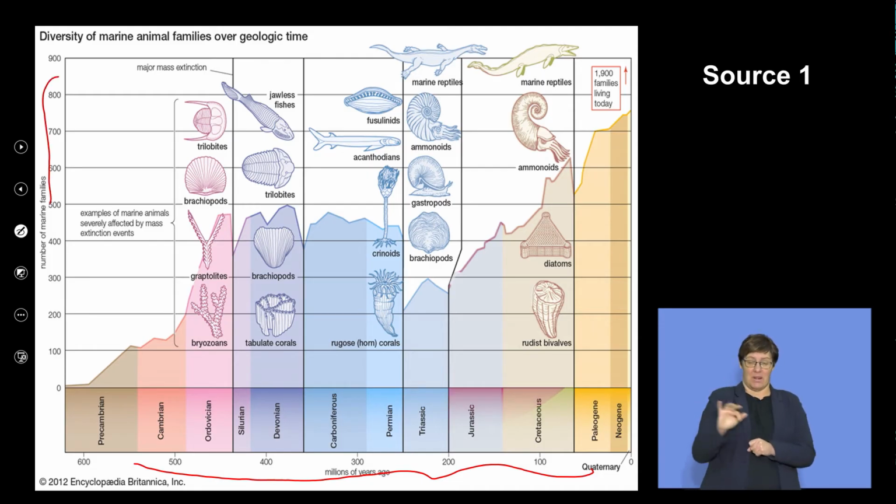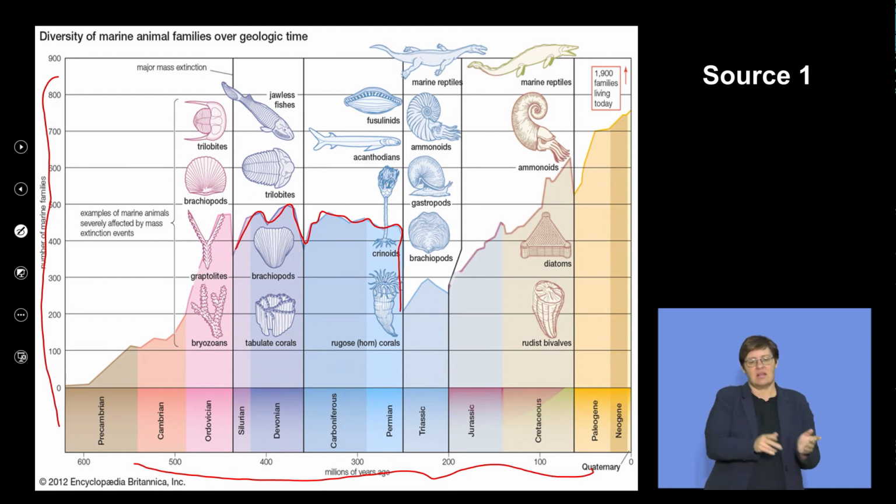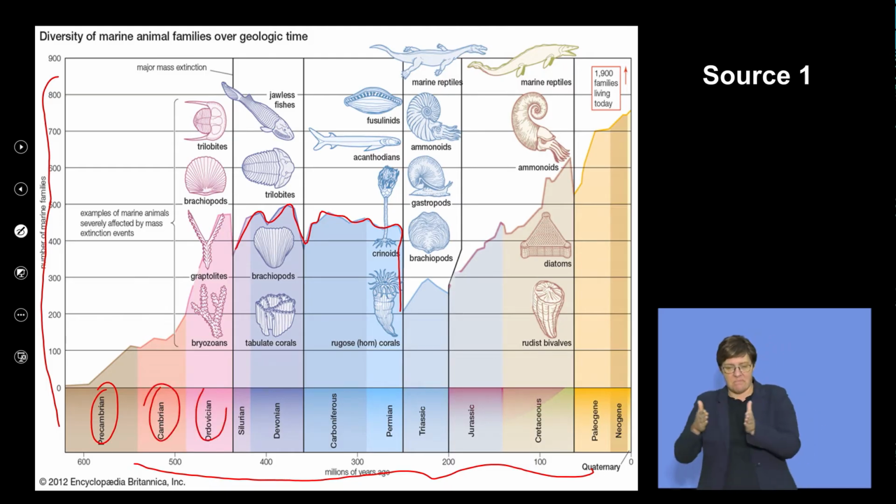On the y-axis is biodiversity, shown by the number of different families, the number of different groups of organisms. The actual graph itself you should be familiar with because it's something we've just looked at. It shows the change in diversity, and it indicates our major mass extinctions. It also shows the names of the different periods at the bottom.